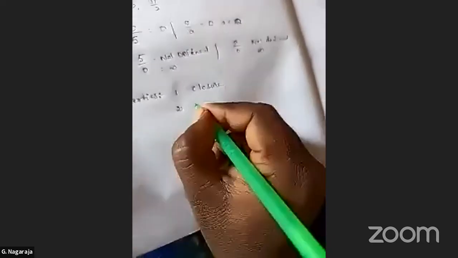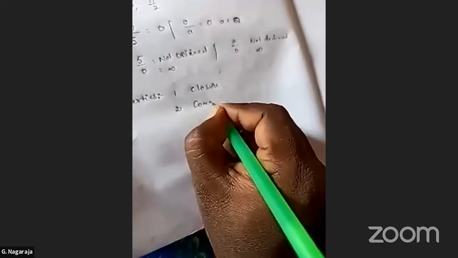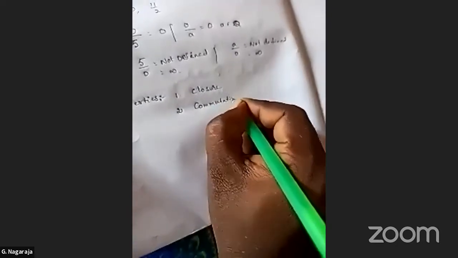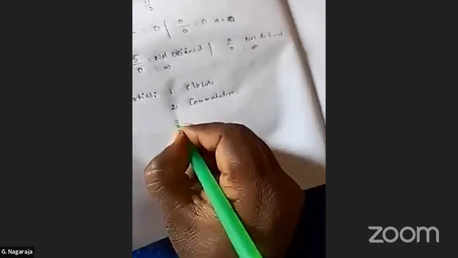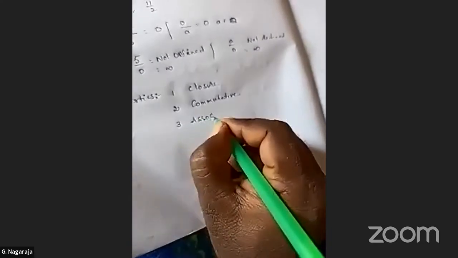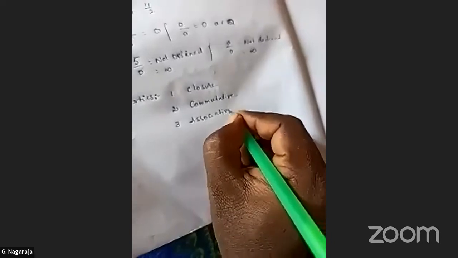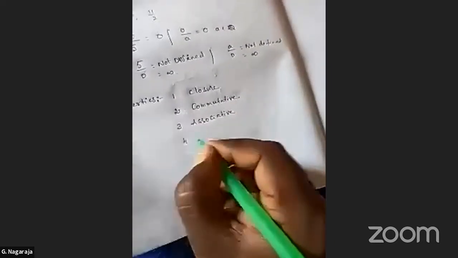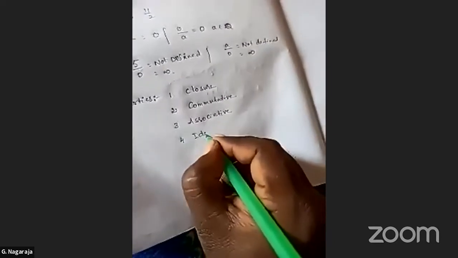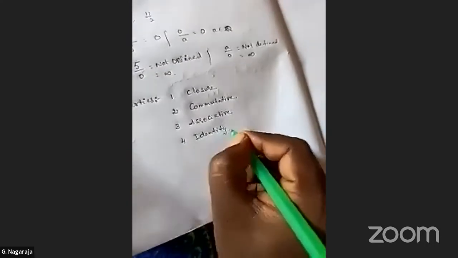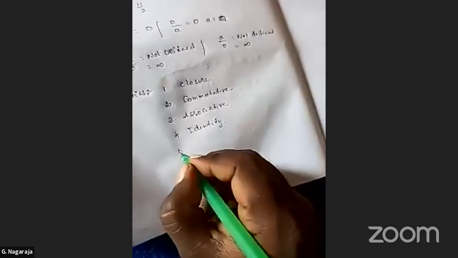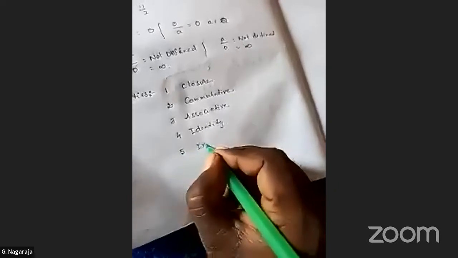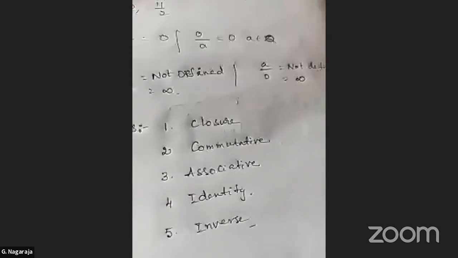Second one is commutative property. Third one is associative property. Fourth one is identity property. Next one is inverse property. These are the properties in our topic.